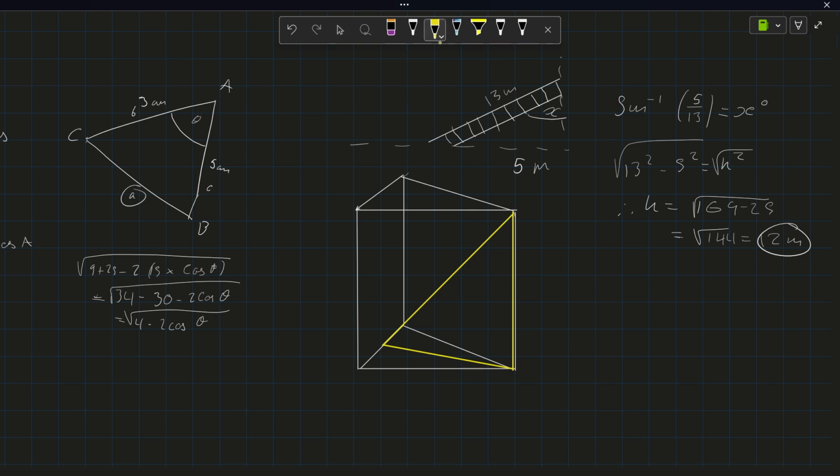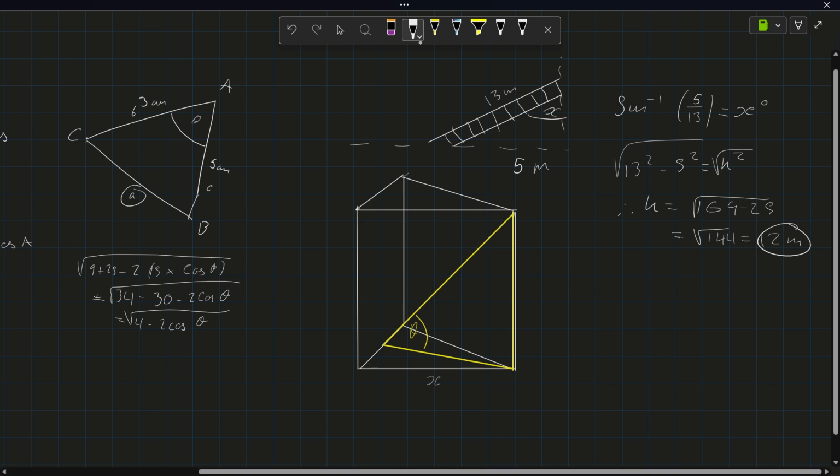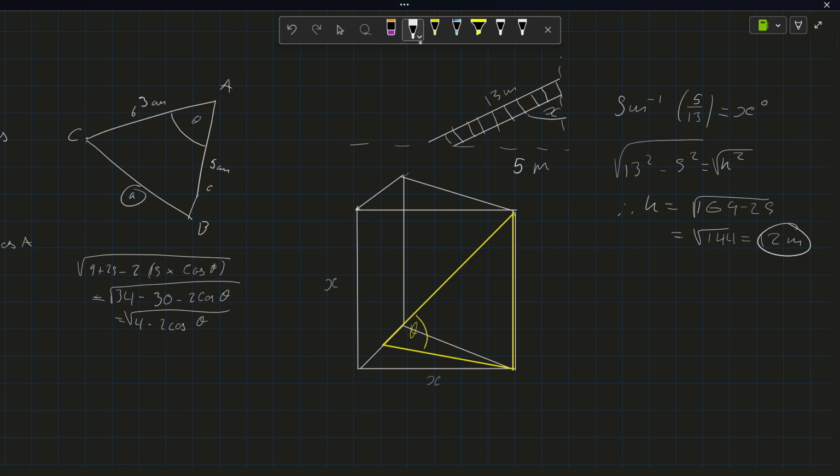So let's say we add this angle and make it even better. I'll just use algebra. X. Ignore how it's slightly out of proportion. Call this lambda. Close enough. Let's say I want to find lambda.